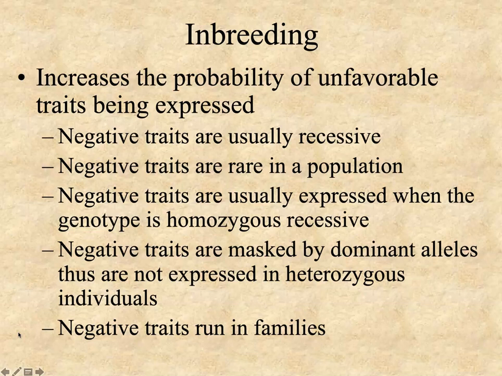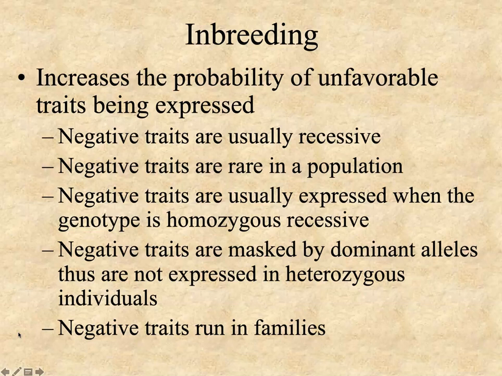The other thing is negative traits are rare in a population. So even if an individual is heterozygous for a negative trait, since it's rare in the population, the probability that that individual would mate with an individual that also carries a genetic disease would be rare or unlikely, okay?